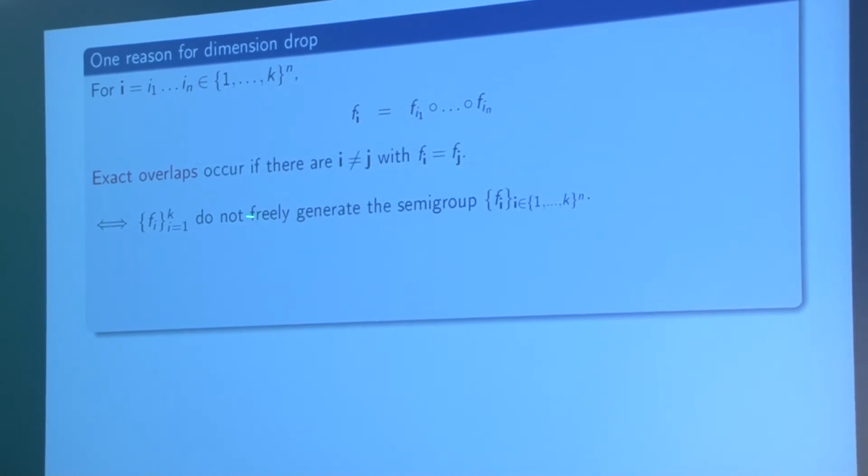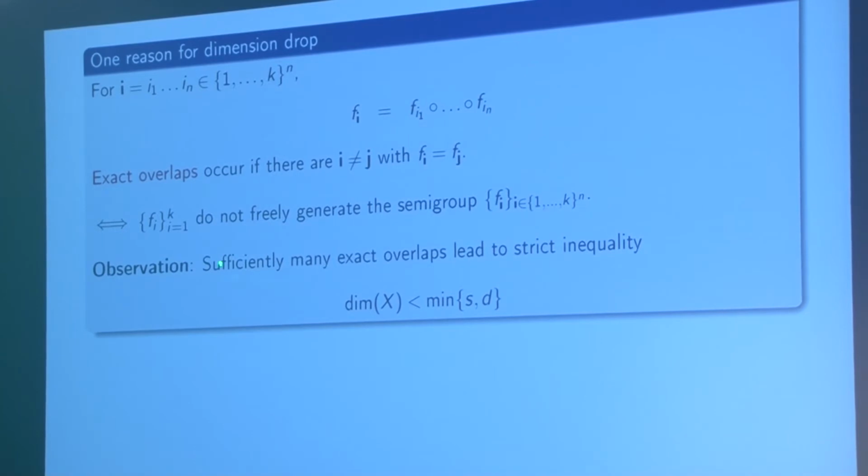Which is just to say that these maps F_i don't freely generate the semigroup that they generate under composition. So this is an algebraic property. It's saying that there are relations between these maps.